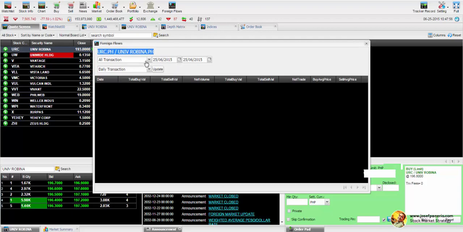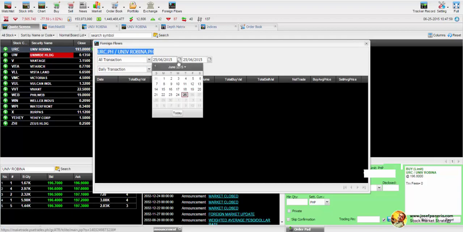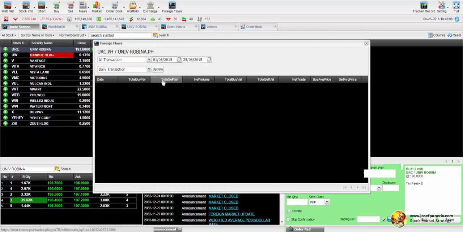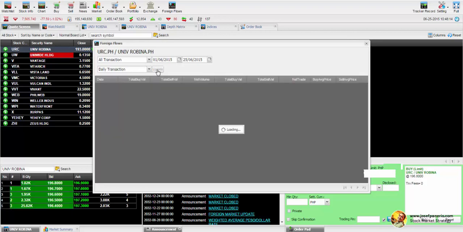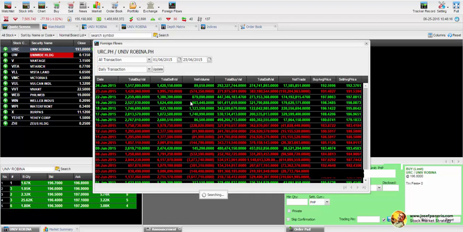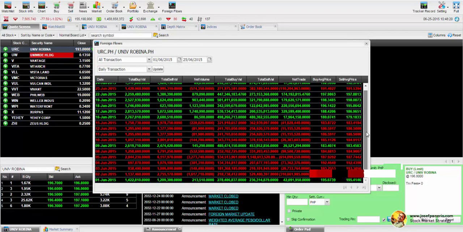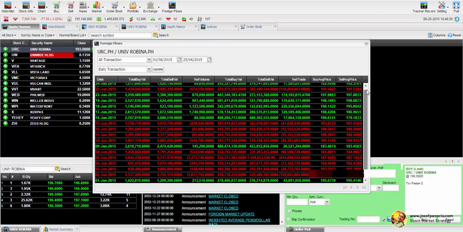So, for example, we want to check the foreign flows of URC from June 1 to June 25. Then let's pick daily transaction, then just click update. Then this is the information on the foreign flows transacted during June 1 up to June 2024.